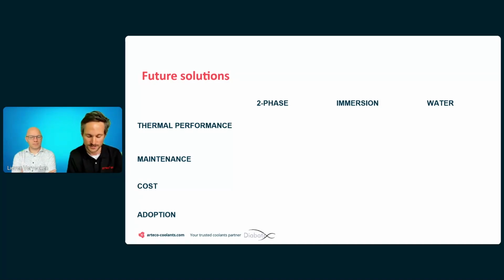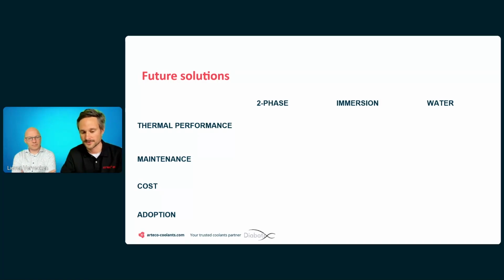There's on one hand the two-phase approach, so the phase changing from either a liquid to a gas or directly from a solid to a gas. You have the immersion technology, which is actually immersing the full server into a dielectric fluid, so no electrical conductivity there. And there's also the water-based coolants, which also still have a future.